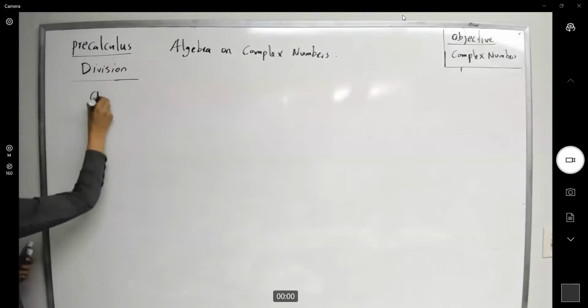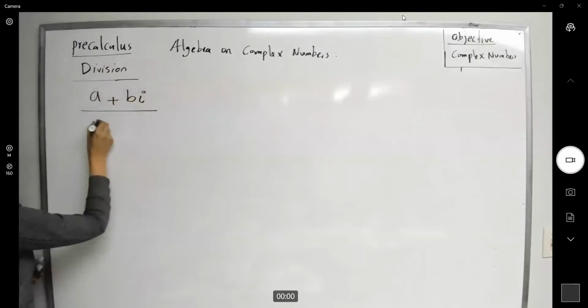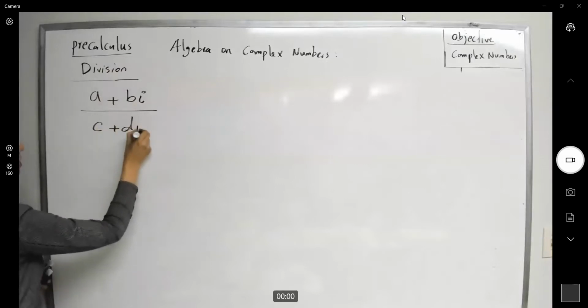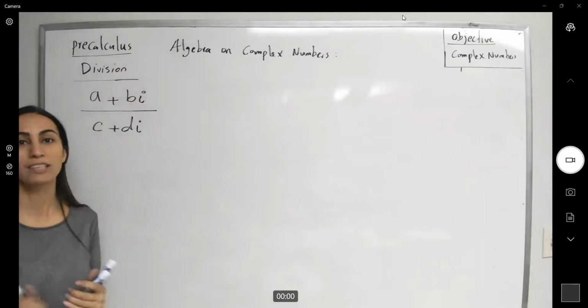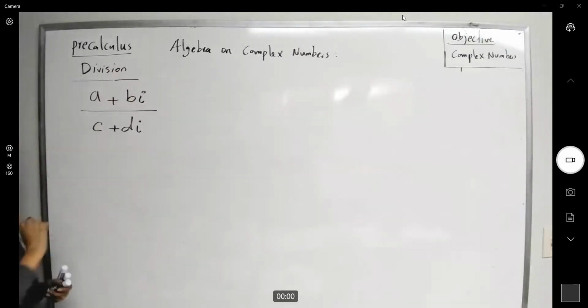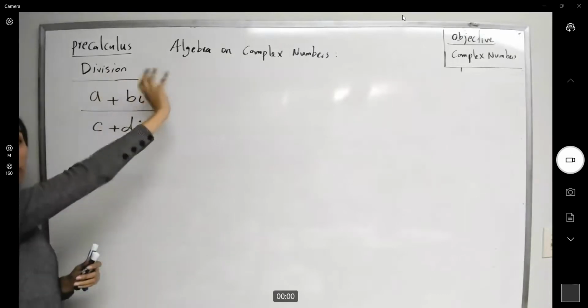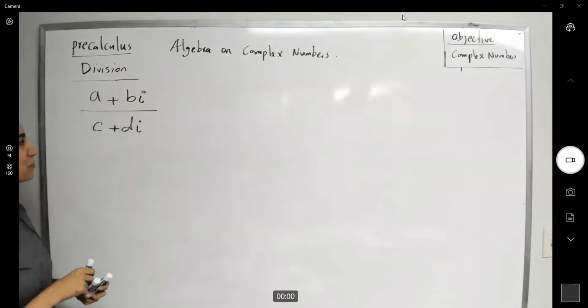If I ask you to divide a plus bi by c plus di, you have to follow the same process of finding a conjugate of the denominator, multiply both the numerator and the denominator by that conjugate.